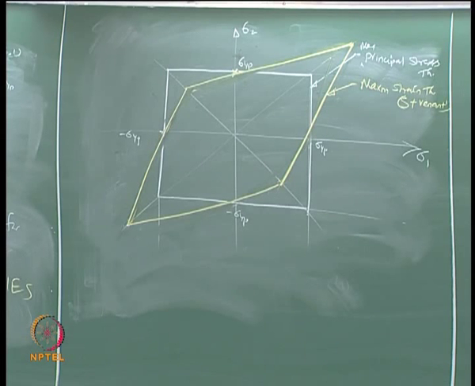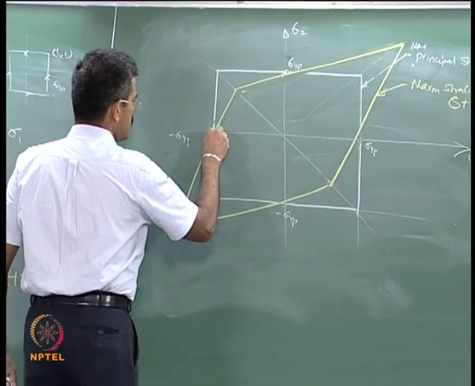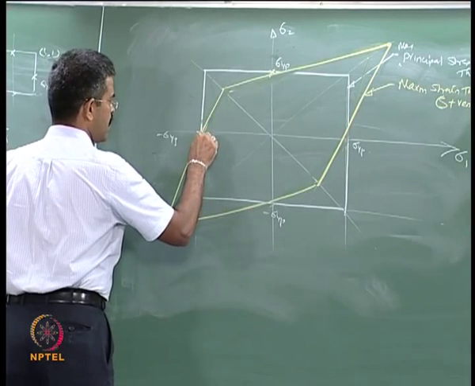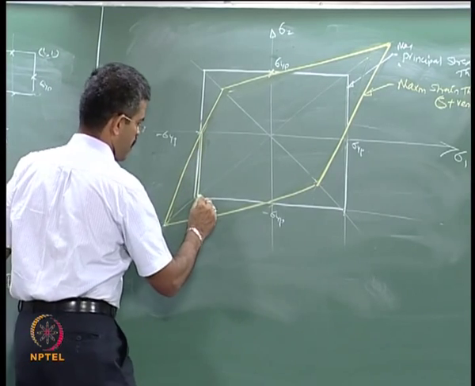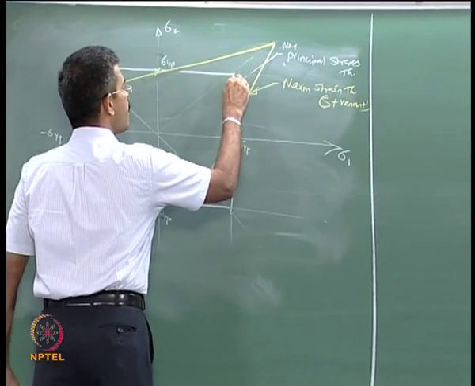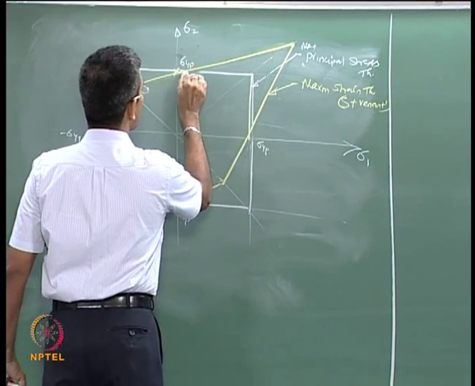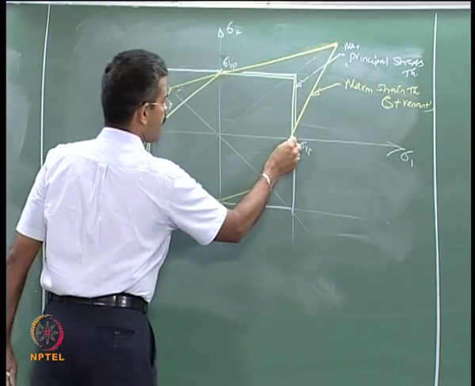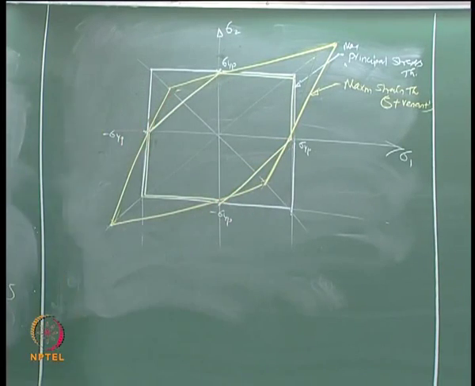Let us talk about the maximum shear stress theory given by Tresca. Irregular hexagon, it came. I am drawing it just adjacent to this, so that it is also visible. Okay, it is one and the same, but I am drawing it adjacent. Is it okay?